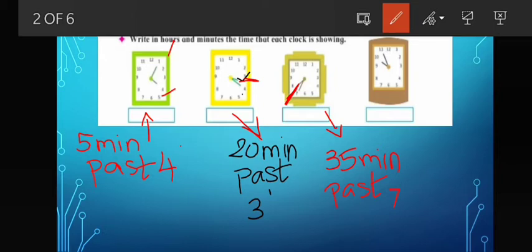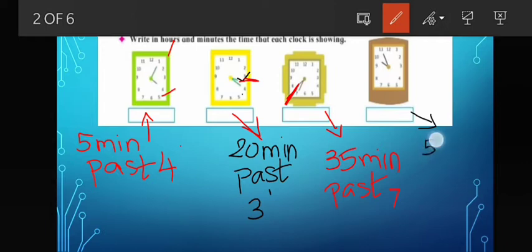Now what will you write here? See, the hours hand is between 9 and 10, but the minutes hand is at 11's place. So 11 5s are 55.